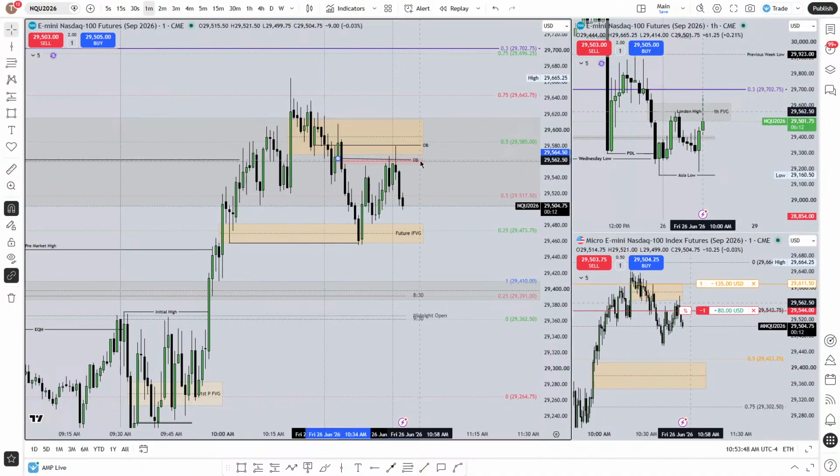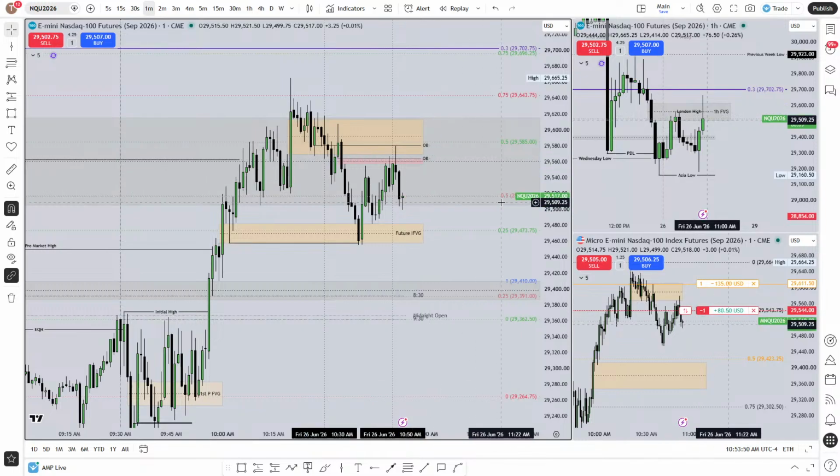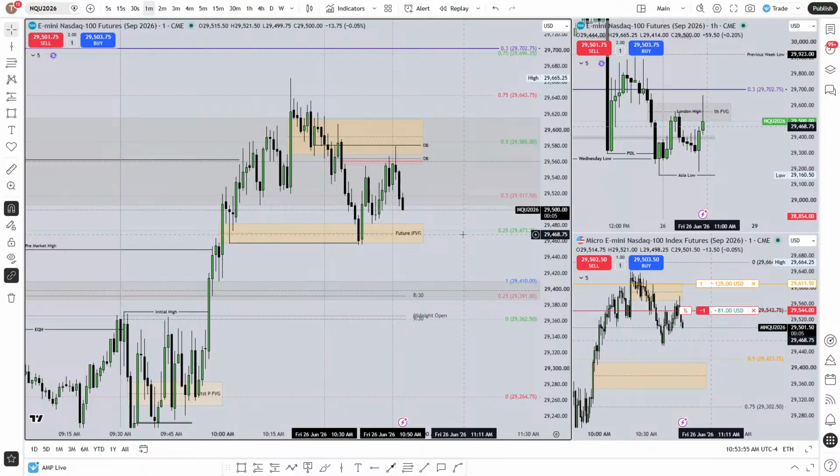Took a lot of heat on this trade. Been in this trade for a while. But once this low is taken, that's when I can go break even.